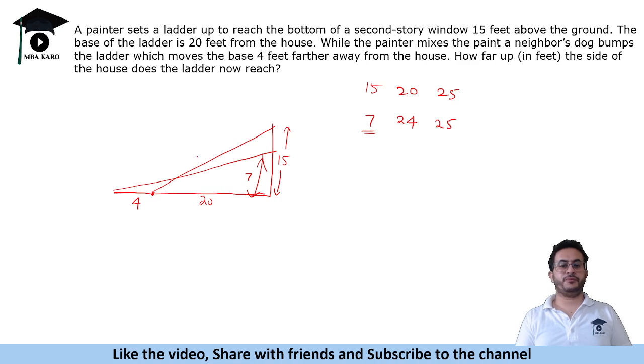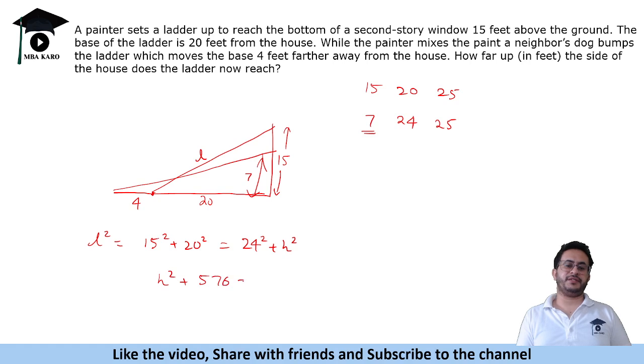Or else, you say the length of the ladder is L. So L squared is equal to 15 squared plus 20 squared, which is equal to 24 squared plus h squared. We equate these, so h squared plus 576 is equal to 225 plus 400.